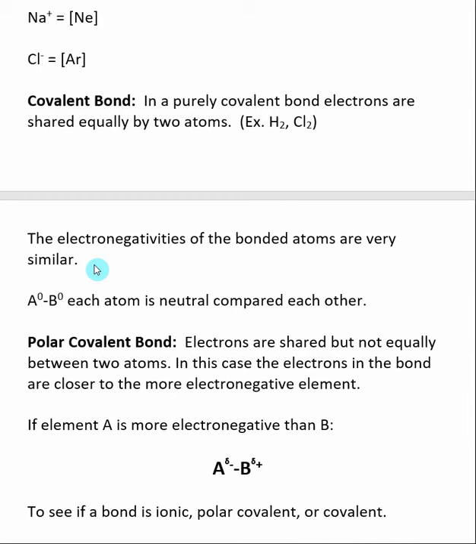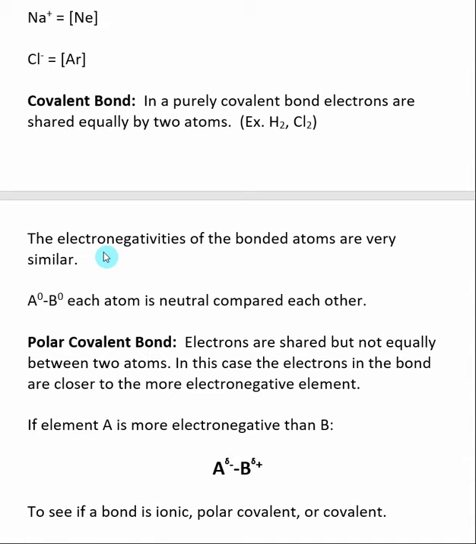So the pull on the electrons involved in the bond is kind of equaled out, so it doesn't favor one atom or the other. The electronegativities are so small that the electrons involved in the bond are not pulled closer to one atom or the other, so they're relatively neutral to each other.